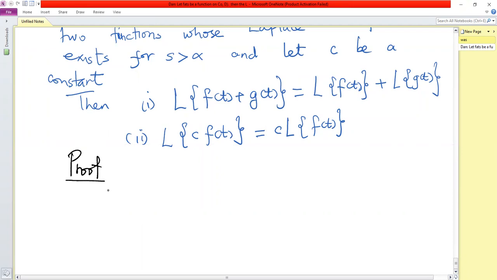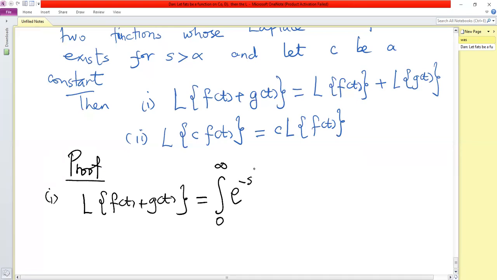So the Laplace transform, the first one, of f of t plus g of t is given, from the definition, by the integral from 0 to infinity of e raised to the power minus st times f of t plus g of t, dt.